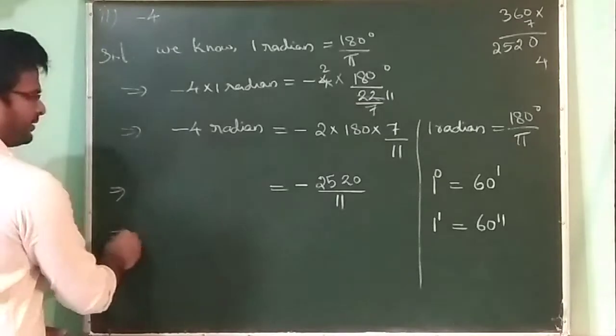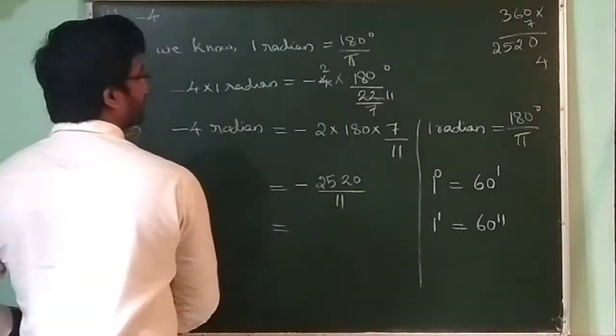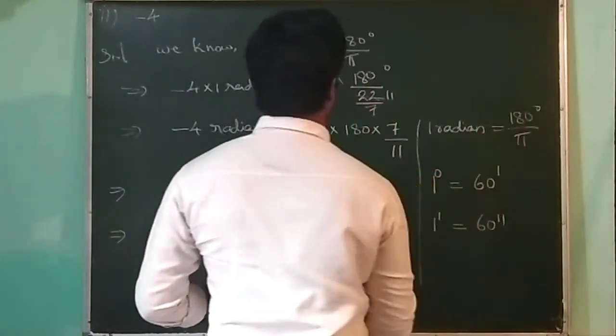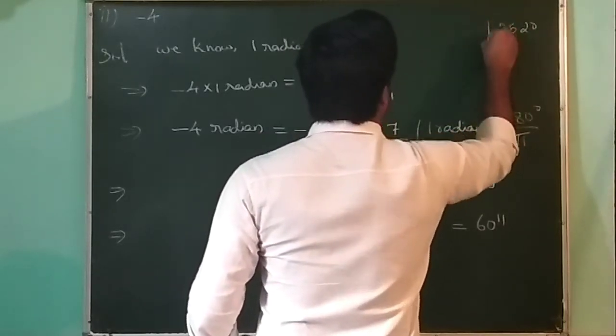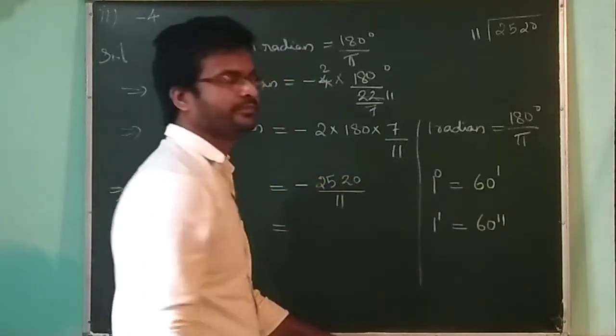Then you can divide 2520 by 11, starting with 25.